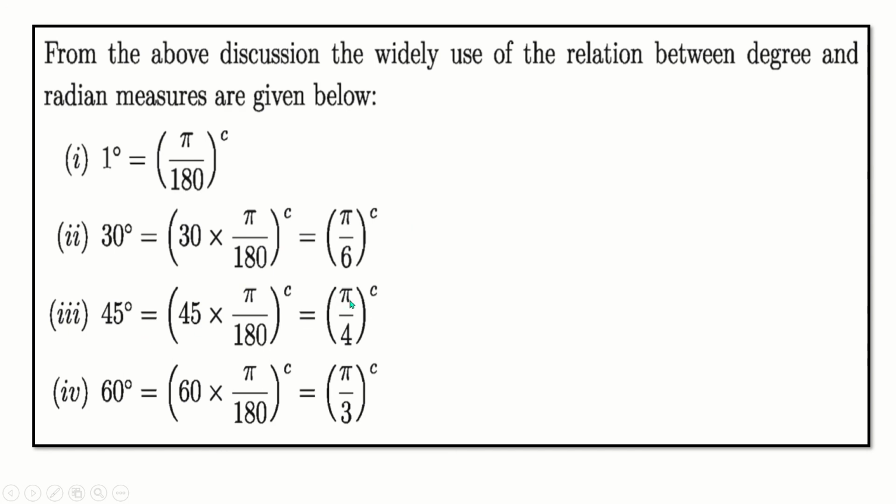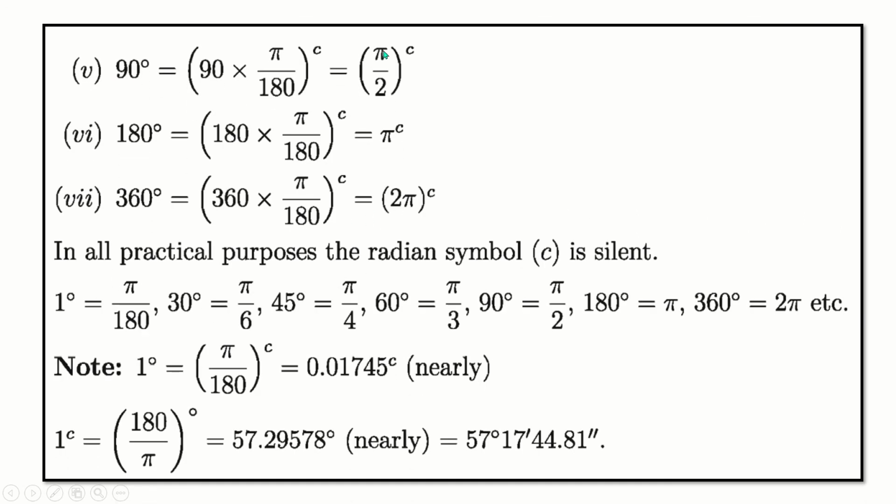Similarly, 45 degrees equals pi by 4, 60 degrees equals pi by 3. You have to remember these relations. Like this, 90 degrees equals pi by 2, 180 degrees equals pi radians, 360 degrees equals 2 pi radians. By applying this, you can find the value of degrees in radians, or radians in degrees, no problem.